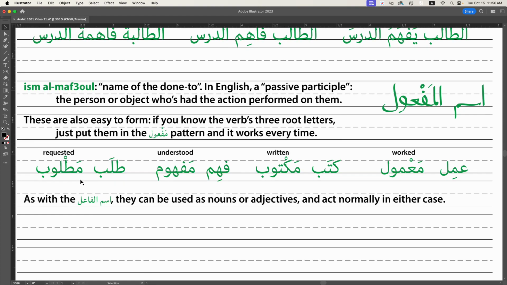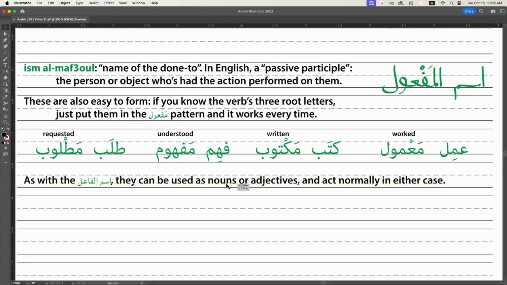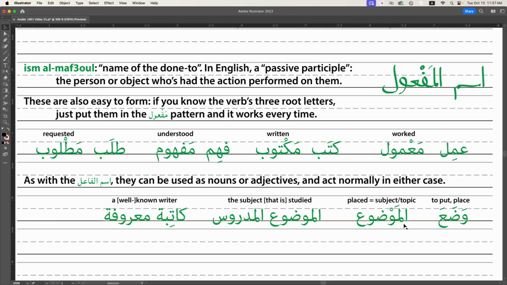So as with the ism fa'il, the ism maf'ul can be used as nouns or adjectives, and they act normally in either case. So the verb wada'a means to put or place or put down something. So al-mawdu', the thing that has been put down, is the subject or topic, like the subject that you study in school, for example. So al-mawdu', noun, al-madrus, adjective, so the subject that is studied, the studied subject, you might say in English.